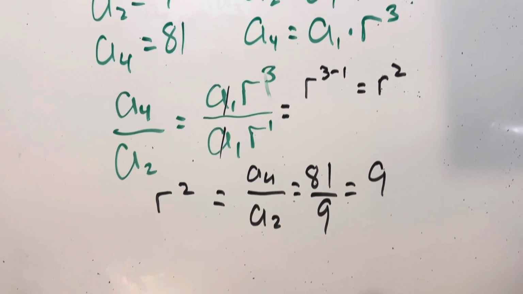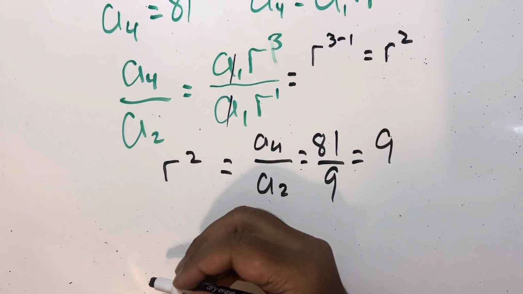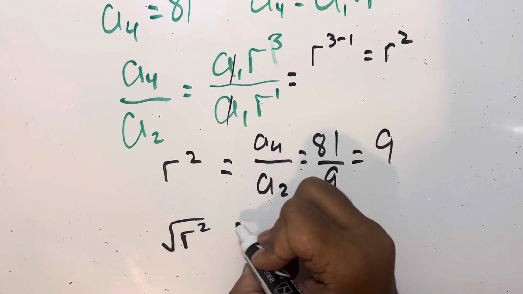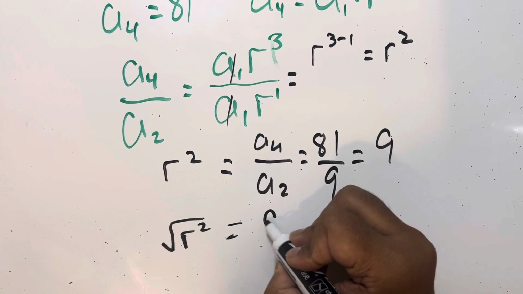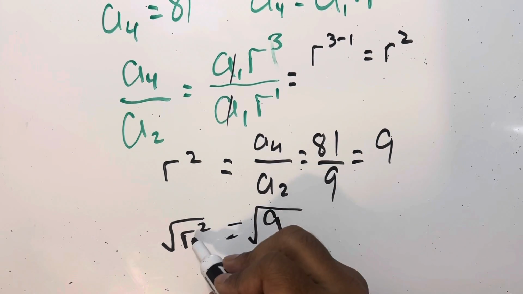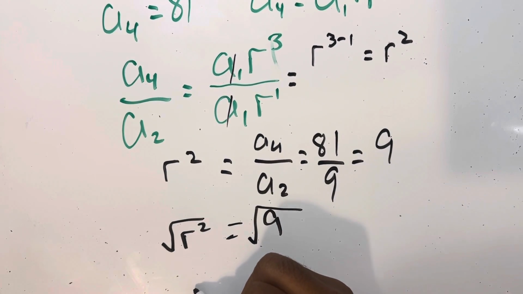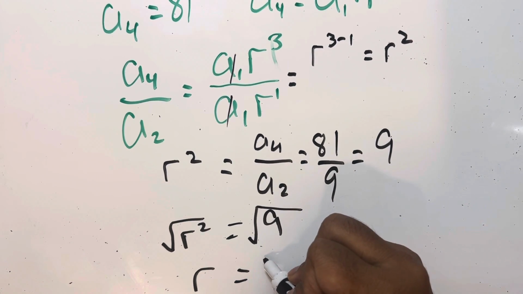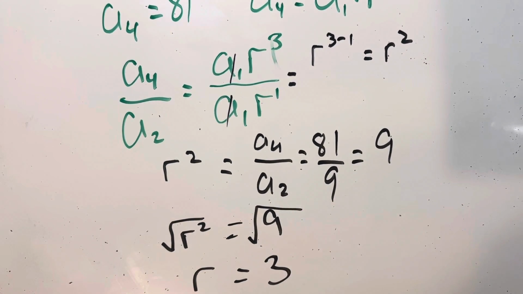But I'm not looking for r squared. I'm looking for r. So what I'm going to do is take the square root of both sides. The square root cancels the square, so this just becomes r. The square root of 9 is 3.